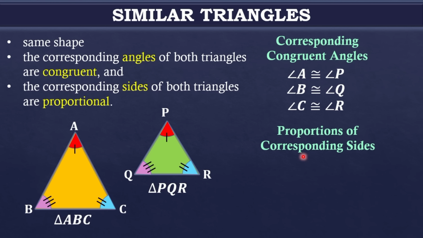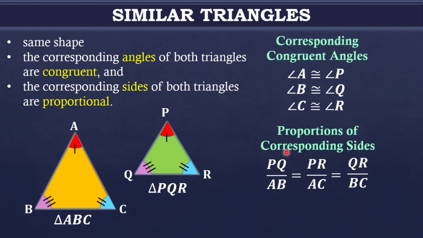So, take note, dapat corresponding. First is we have PQ, this segment is proportional to AB, and then that is equal to PR over AC, which is also equal to QR over BC.